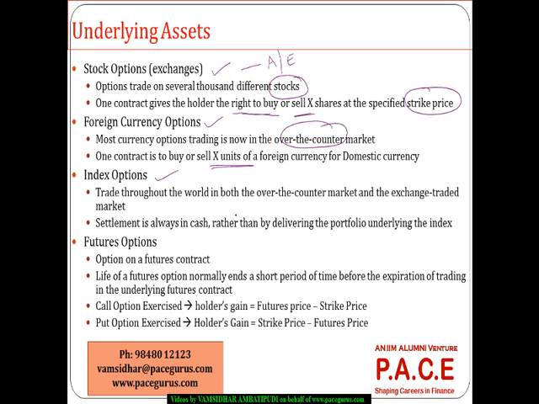Then we are talking about index options, where the underlying is the stock index. Today they are traded both over the counter as well as on different exchanges. Because you can't deliver an underlying index, in all cases the settlement is always in cash, with no delivery of the underlying portfolio index components.